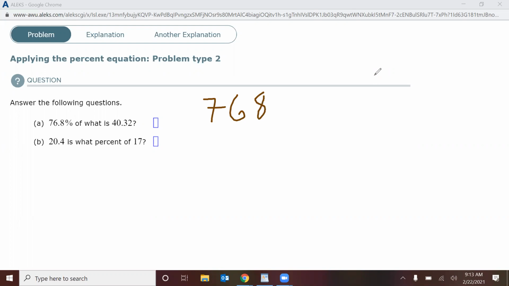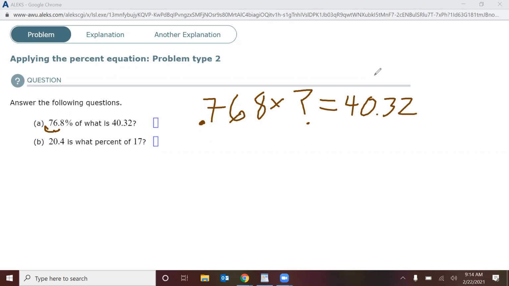We move the decimal point 2 places to the left to get a decimal rather than a percent. So 0.768, of means multiplication. What number, is means equals 40.32.